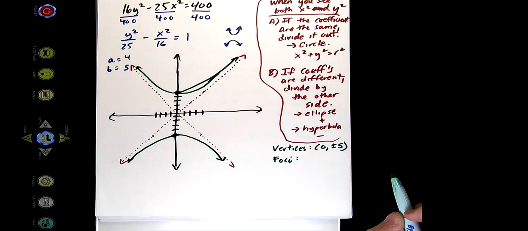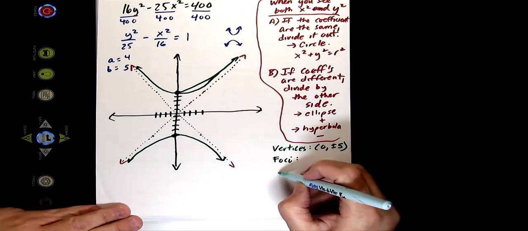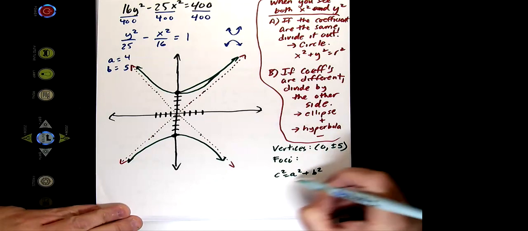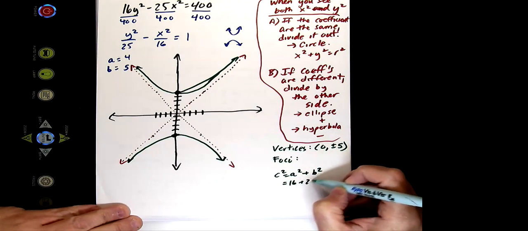Foci. How do I get the foci? C squared equals A squared plus B squared, which is 16 plus 25.